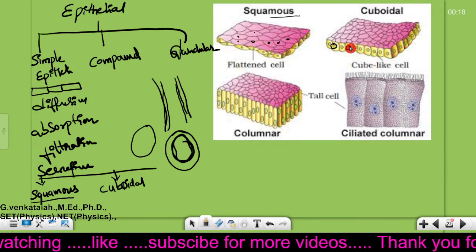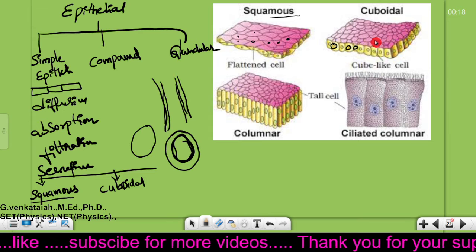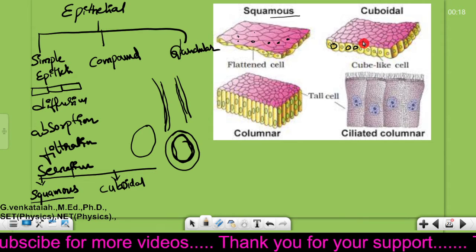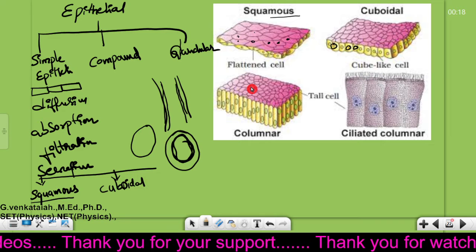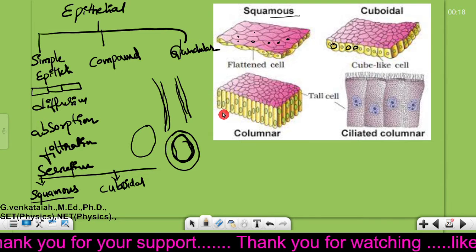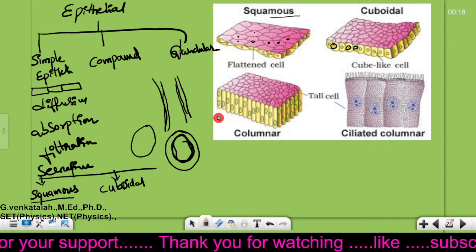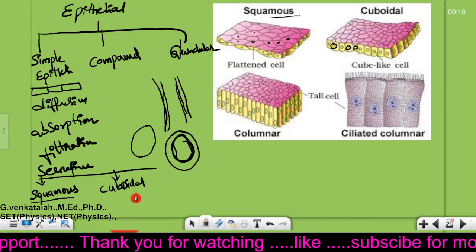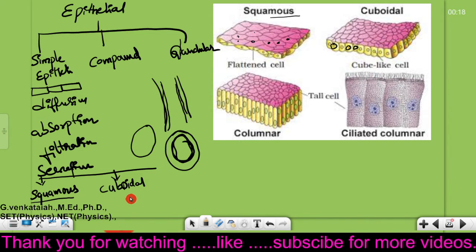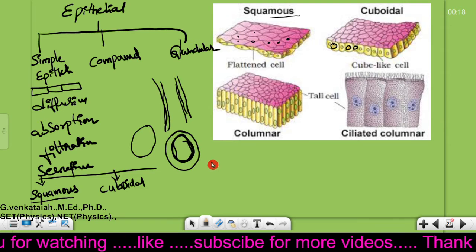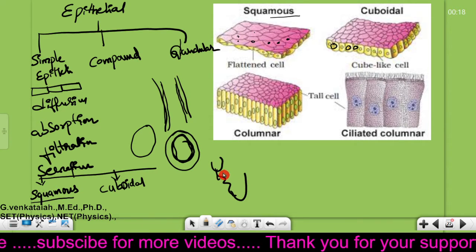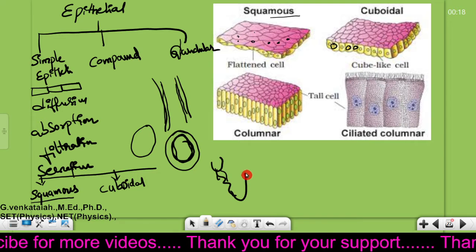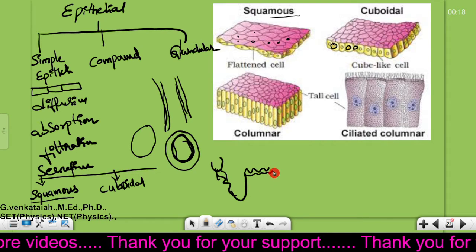Generally, simple cuboidal epithelium is present in the germinal epithelium, and you can observe it in the nephron structure, the PCT and DCT, the proximal convoluted tubule and distal convoluted tubule.